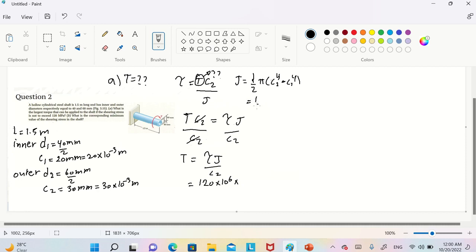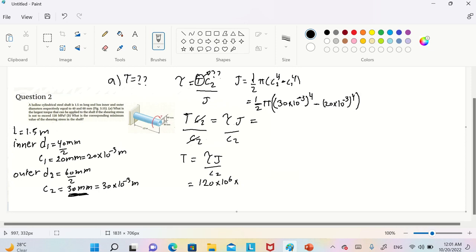So half multiplied by pi, and then put the outer radius 30 times 10 minus 3 power 4, minus 20 times 10 power minus 3 power 4, close the brackets.